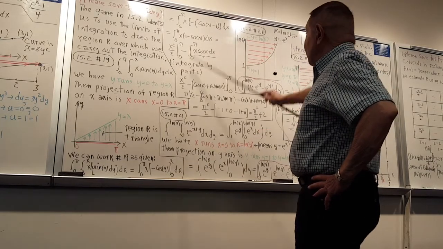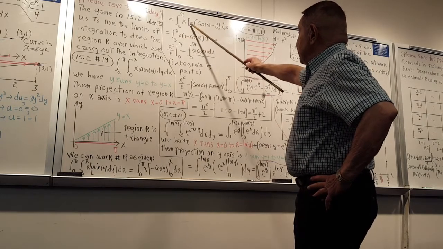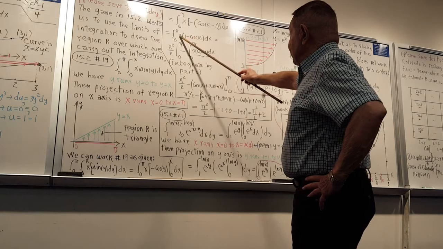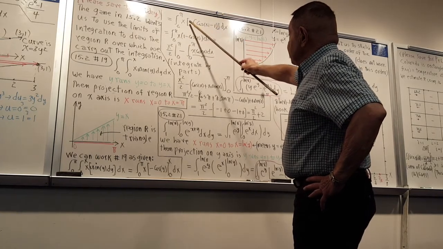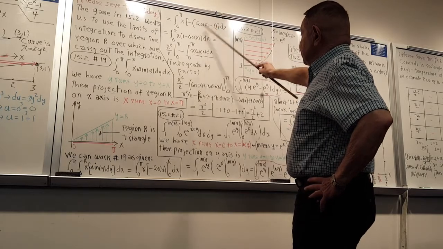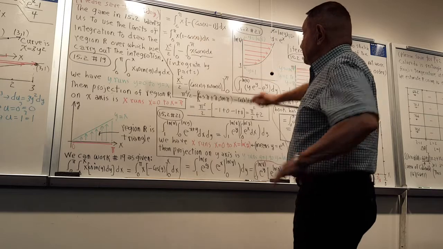Cosine of 0 is 1. And then you can integrate, you notice this is the same finally as x times, see there's a minus here and another minus there, so it's plus 1 minus cosine.